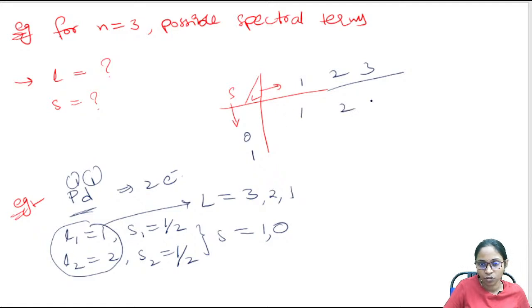Therefore you are having 1, 2, 3 here. 1 plus 1 is 2, 1 minus 1 is 0, so here values are 0, 1, 2. 2 plus 1 is 3, 2 minus 1 is 1, therefore here you will be having 1, 2, 3. And here 3 plus 1 is 4, 3 minus 1 is 2, so here you will be having 2, 3 and 4. So how to write the spectral terms using these J values? For S equals 0, J values will be 1, 2, 3. For S equals 1, J values will be 0, 1, 2, then 1, 2, 3, and 2, 3, 4.